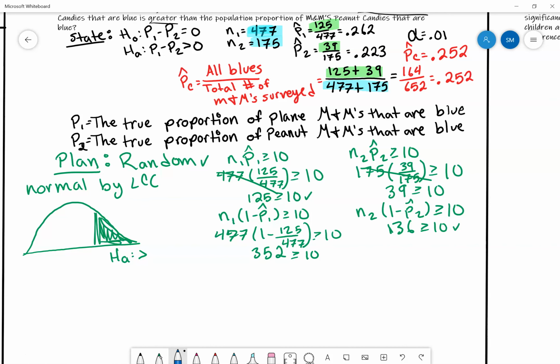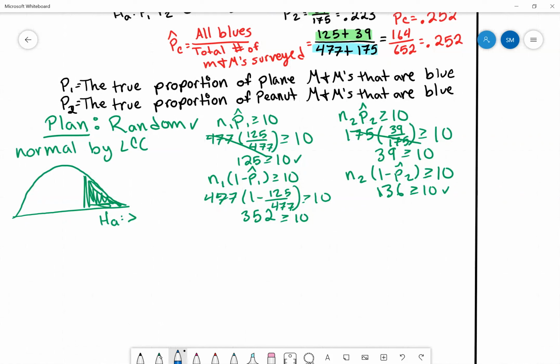Okay, so let's go ahead and jump into do with the correct color. So in the do, we're going to go ahead and do our formula.